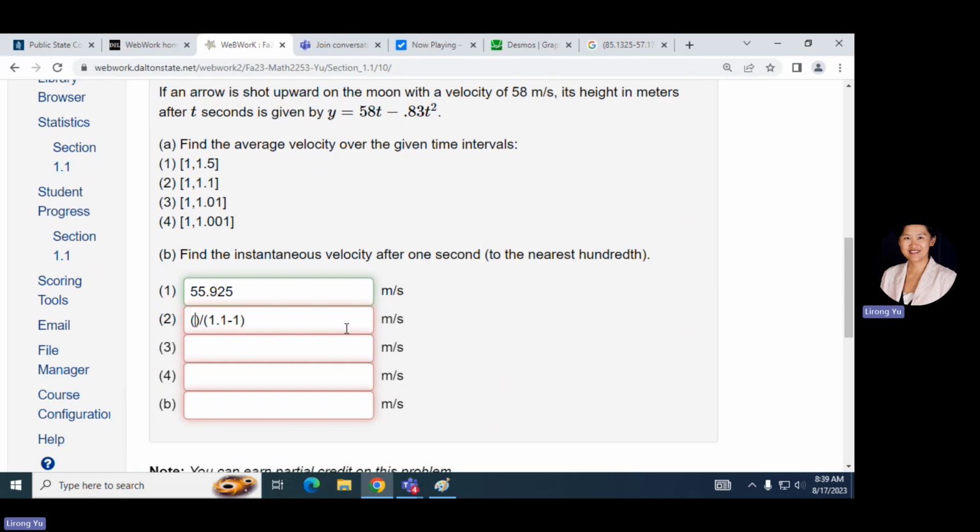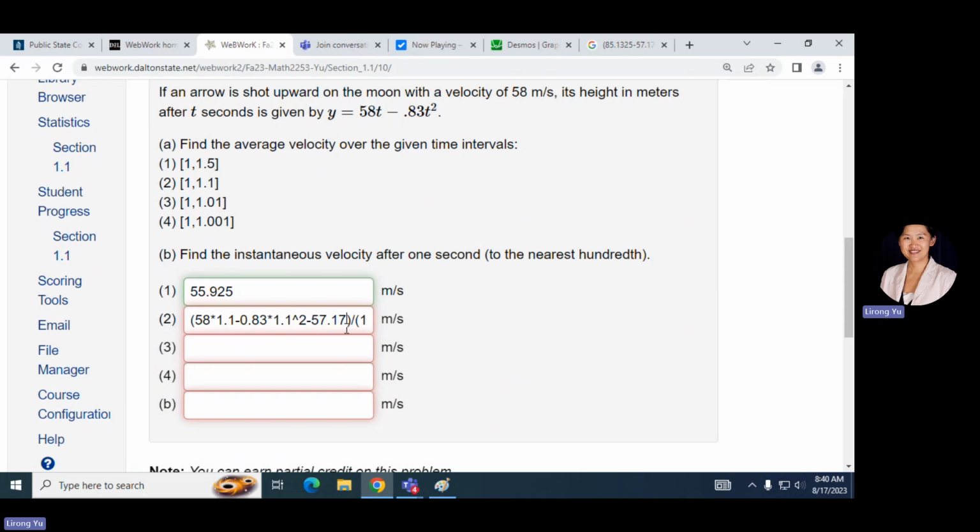The numerator is the calculation of the two y values. How do we calculate the y value? We use the formula. The first y value, at 1.1, is 58 times 1.1 minus 0.83 times 1.1 squared. That is one y value, and we have to subtract the y value at 1, which we have already calculated.